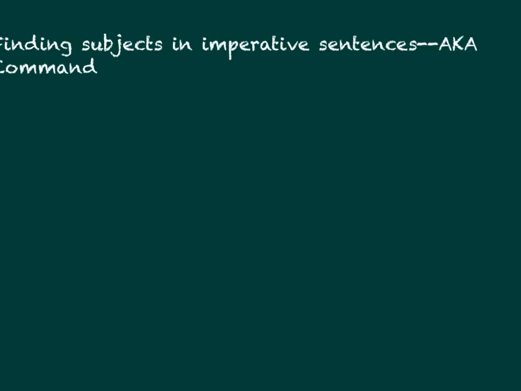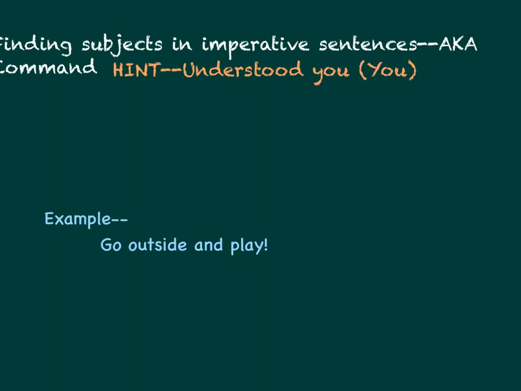Now I'll be finding a subject in an imperative sentence, or a command. Remember, the hint is the understood you, seen with the word you in parentheses. Our example is go outside and play, and we know our first step is to find the verb. The verb is go, and the rest of the words that follow the verb are outside and play, making this a complete predicate.